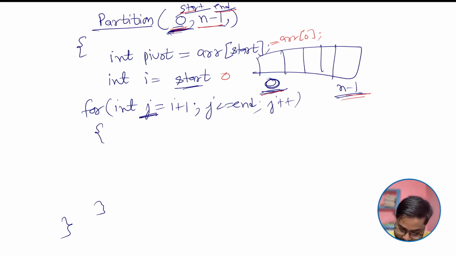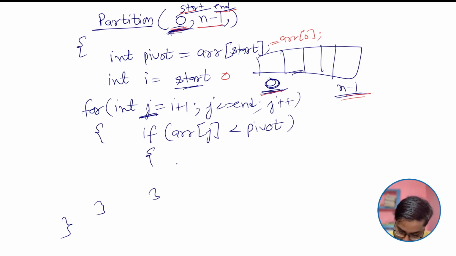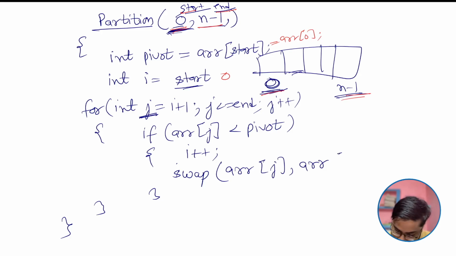For every element I will check if array of j is less than my pivot element. If so, I will first increment my I, and I will swap array of j with array of I. That's what we will do.